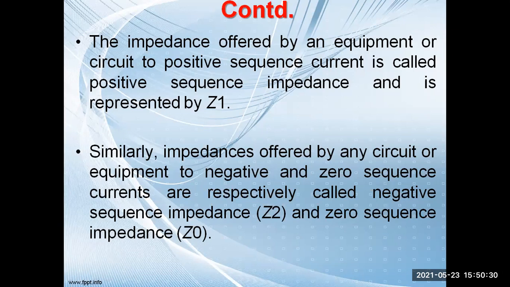So when it is offering the hindrance or the obstruction towards the positive sequence current, it is called the positive sequence impedance. When it is creating the obstruction towards the negative sequence current, it will be the negative sequence impedance, and similarly for the zero sequence impedance also.